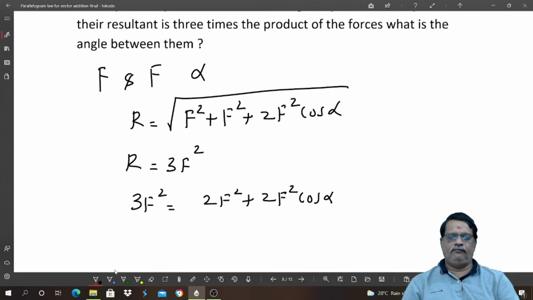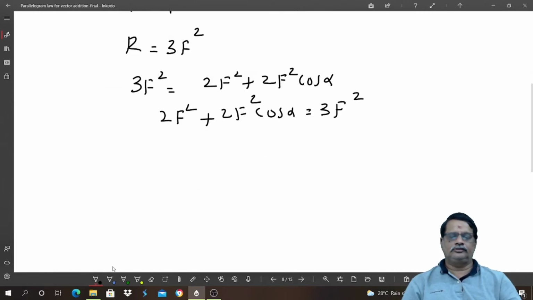So now let us simplify this. When you simplify this, we will get 2F square plus 2F square cos alpha equal to 3F square. So let us simplify further.